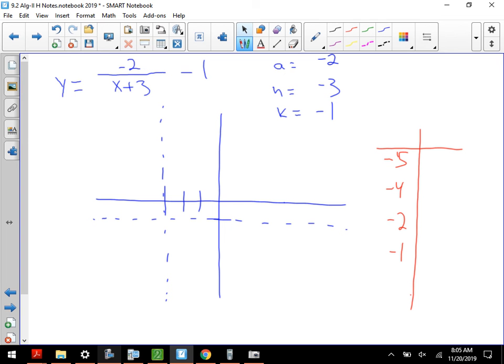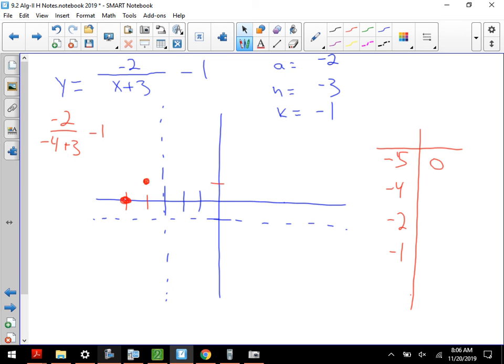What's -5 plus 3? -2. What's -2 divided by -2? 1. What's 1 minus 1? See how easy that was? So at -5, I'm at 0. I do it again with -4. What's -4 plus 3? What's -2 divided by -1? 2. What's 2 minus 1? 1.